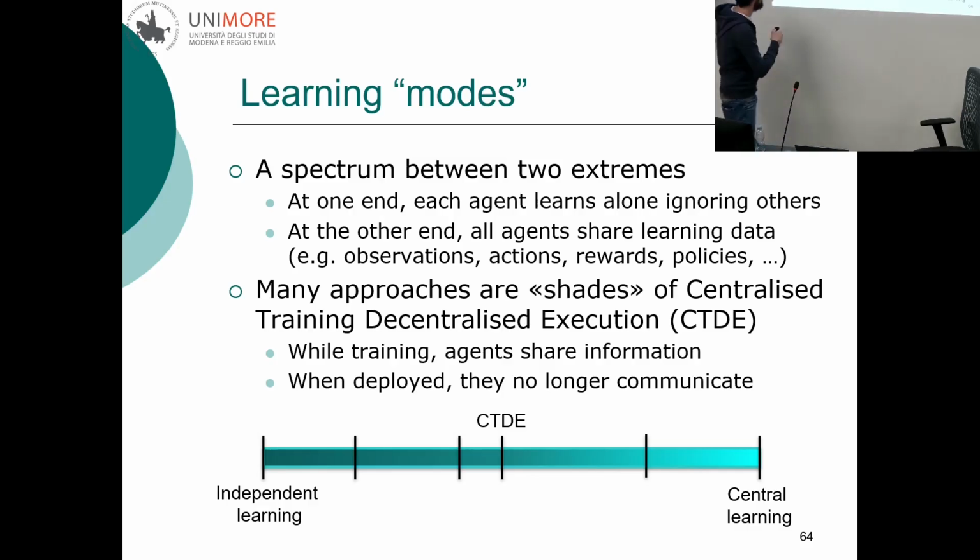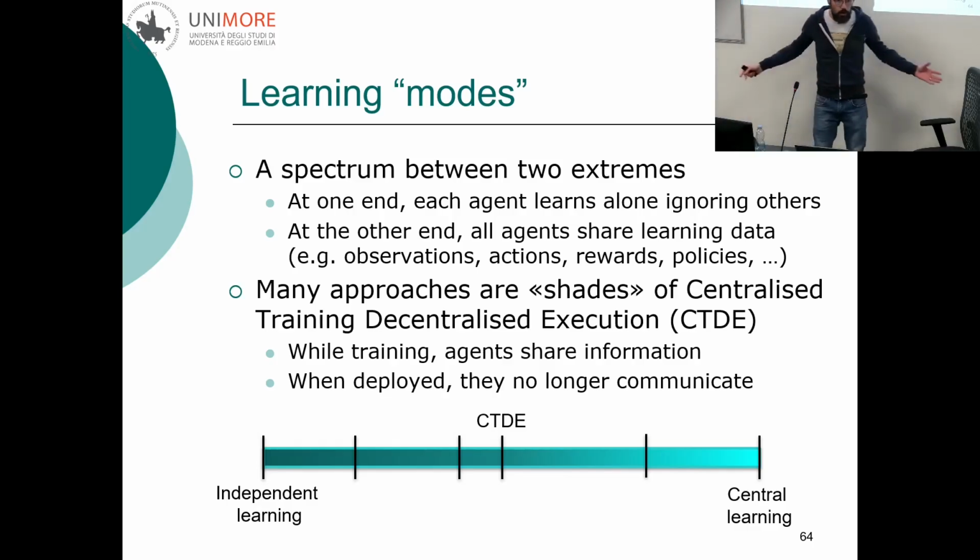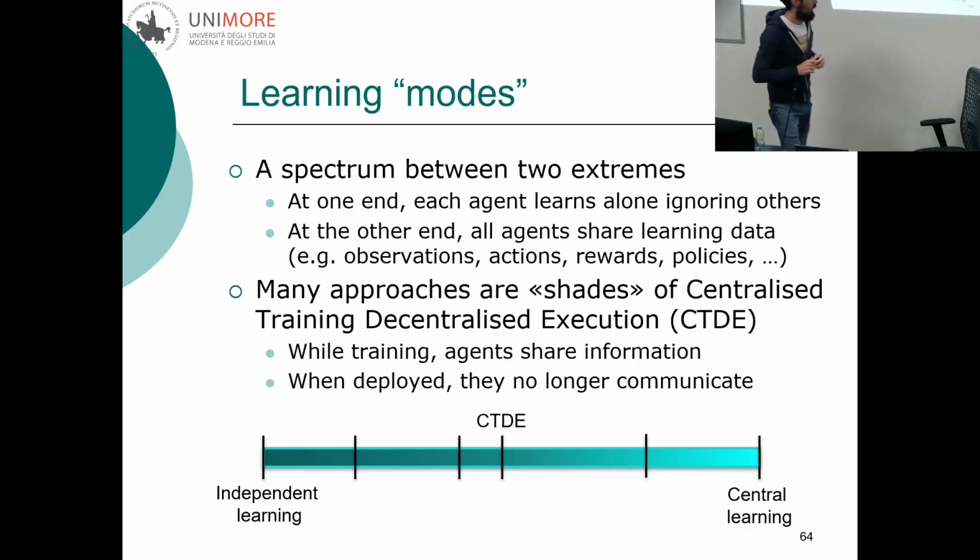The exact opposite of independent learning. Why the exact opposite? Here, all of the agents are cooperating through usually a central point of computation, and this central point commands all of the agents.